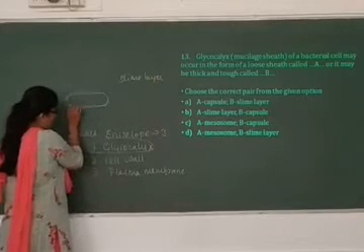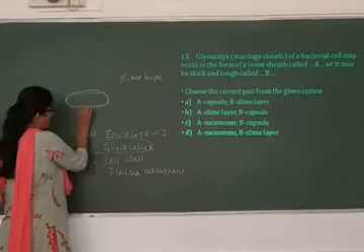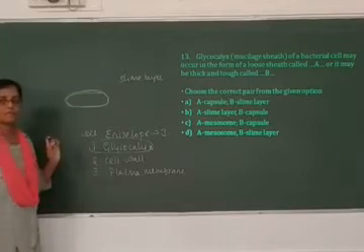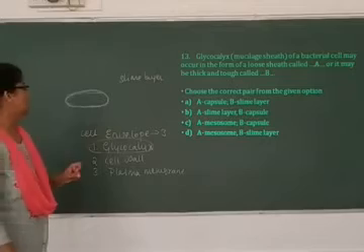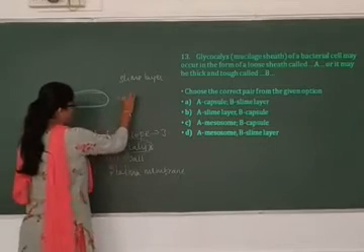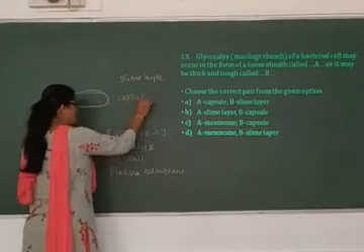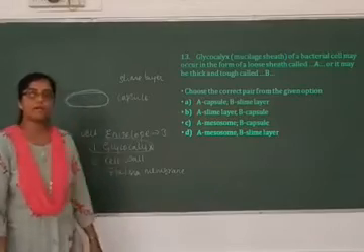And if the same glycocalyx is tightly bound over the cell wall and cannot be washed off easily, then it is called capsule. And the majority of bacteria in which capsules are present are pathogenic.